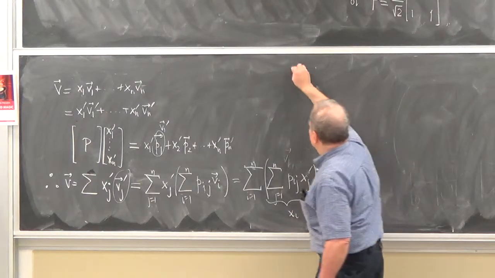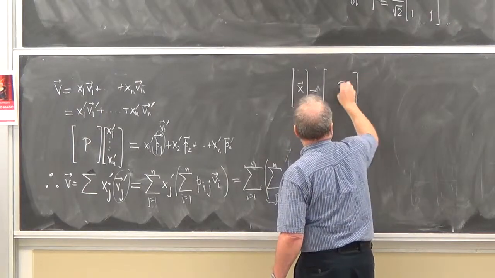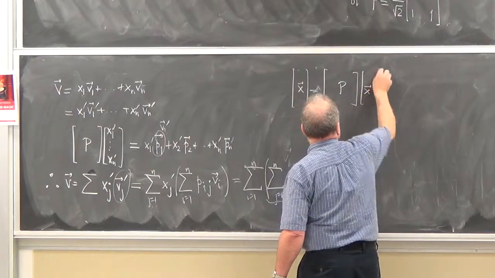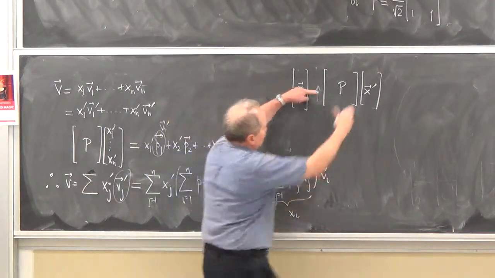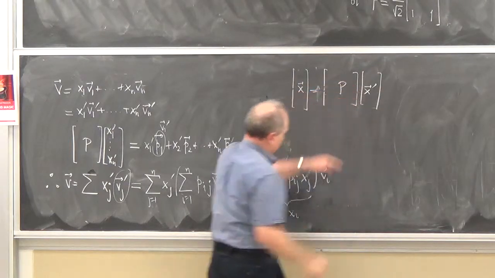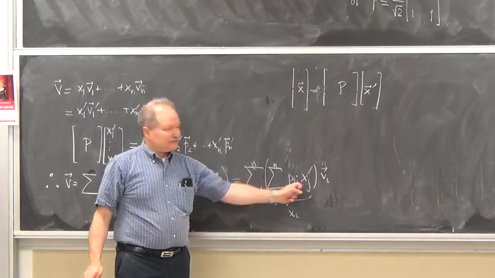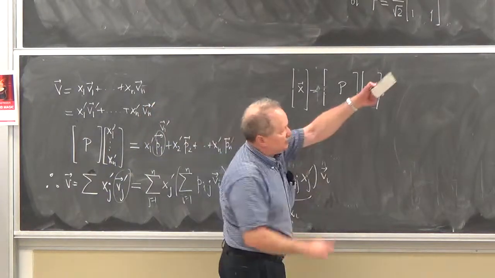This says you get the vector of x's by multiplying the matrix of P's times the vector of x primes. The ith x you get by going across the ith row here and taking the dot product with the x prime vector. So this is the formula that says formula 2.